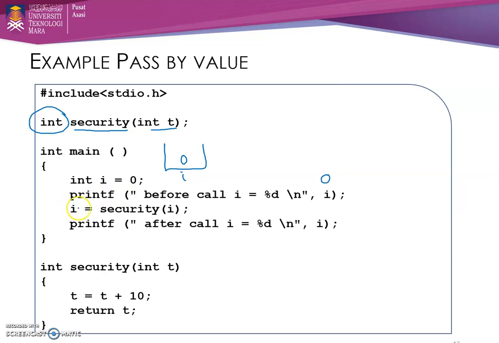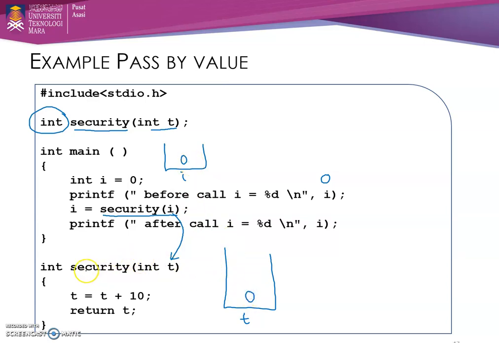The next statement is to invoke the function call, where your function call is going to pass the value of I to t. So now t is going to receive the content of I, which is 0.